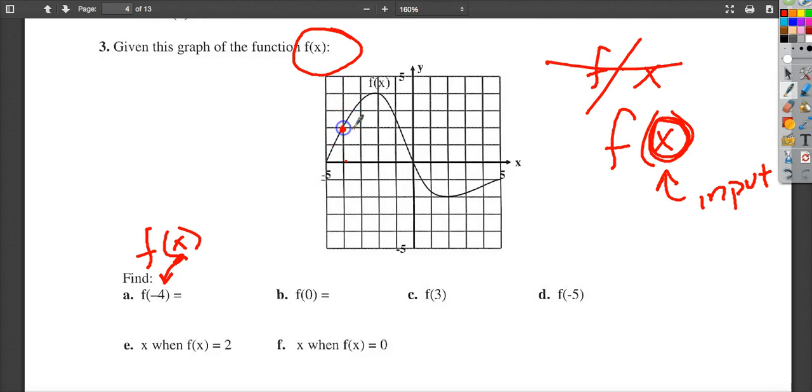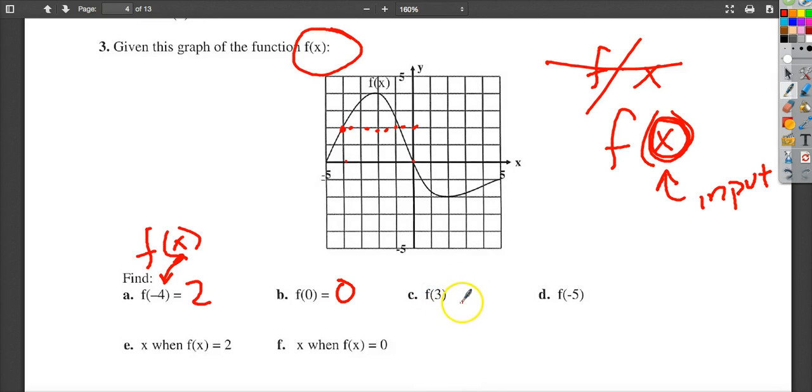So at negative 4, my function is 1, 2, right here. f of negative 4 is 2. f of 0, that is where x is 0 here. So boom, touching my y, my output is 0.